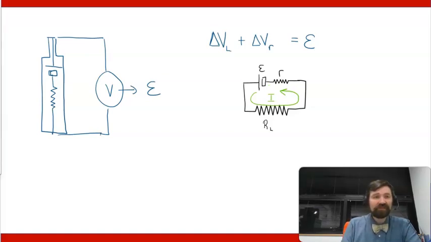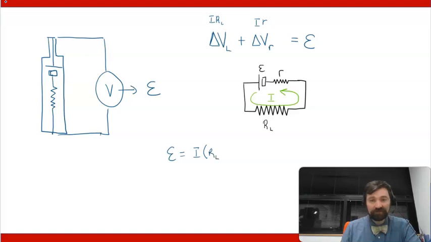What that means in turn is that my delta V load is equal to I times R load, and delta V r would be I times little r. And so this means that my EMF is I times big R load plus little r, internal resistance.